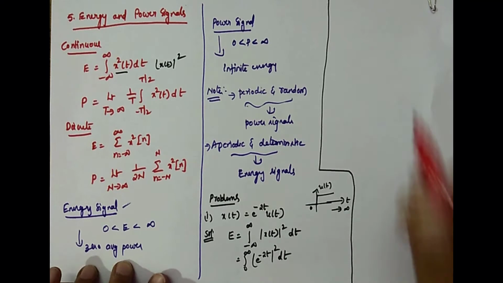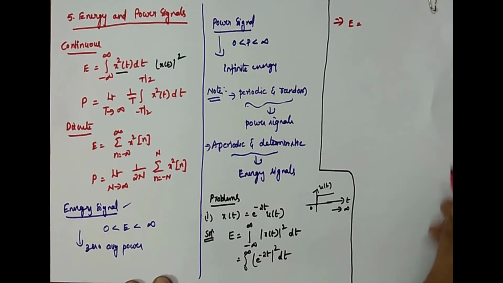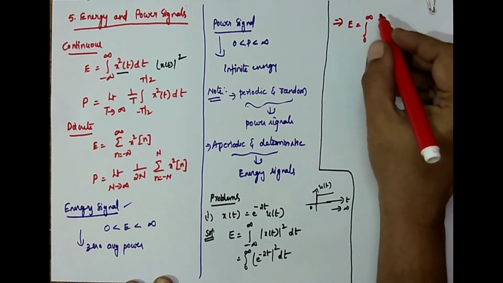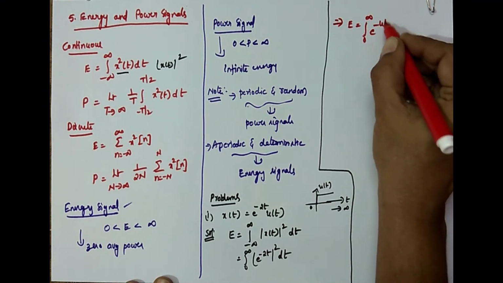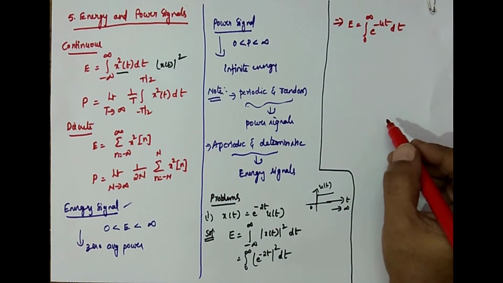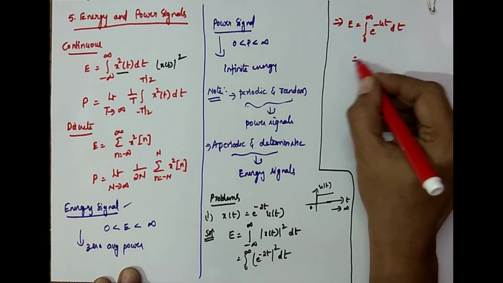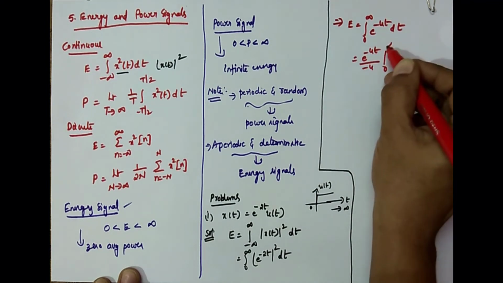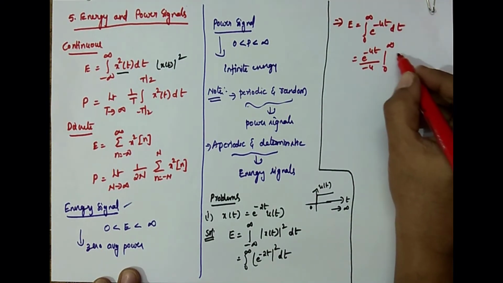Then what is E now? E is integral 0 to infinity of e power minus 4t dt, because it is exponential. So it is e power minus 4t by minus 4 between the limits 0 to infinity. What are you going to get?